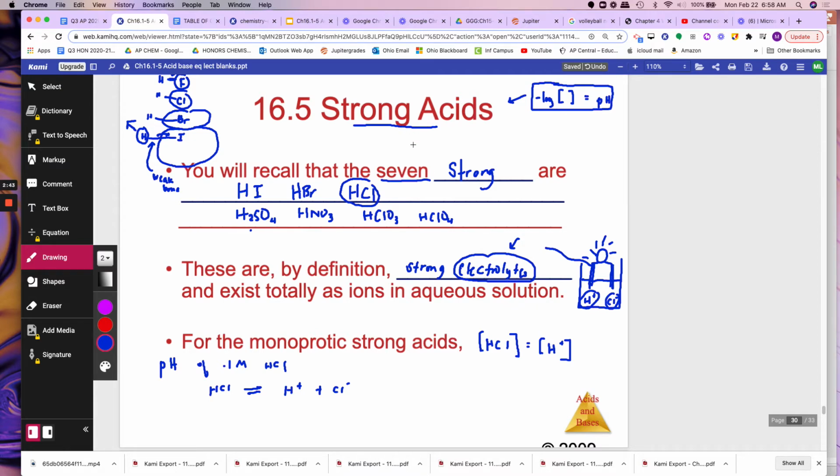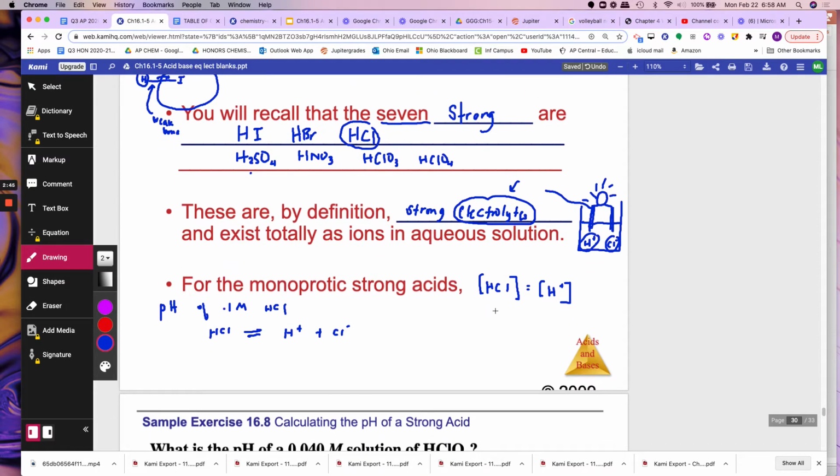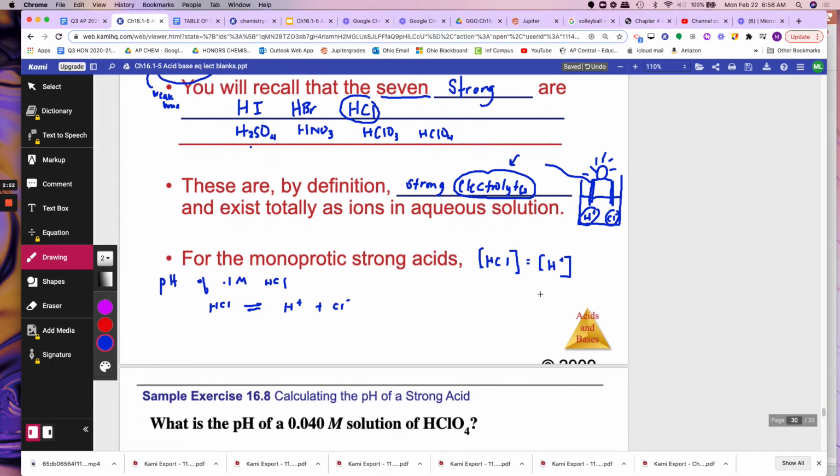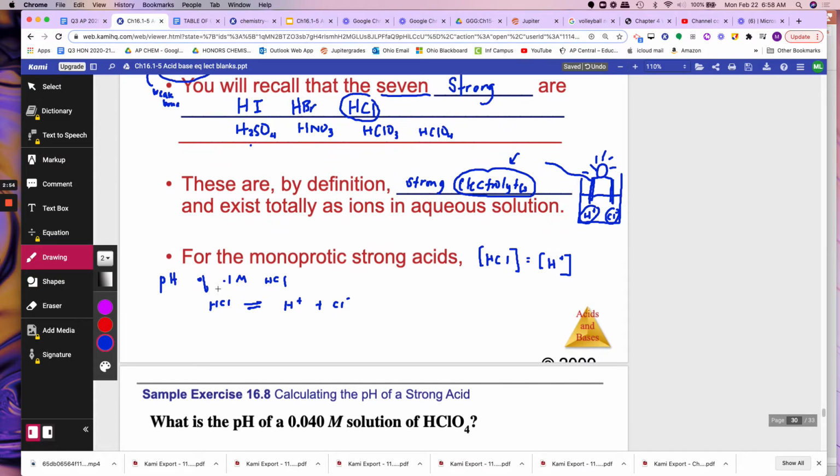So to get the pH of the strong acids, you have to remember that the HCl molarity is the same as the H+ molarity. Okay, and the reason is this. Let me tell you.